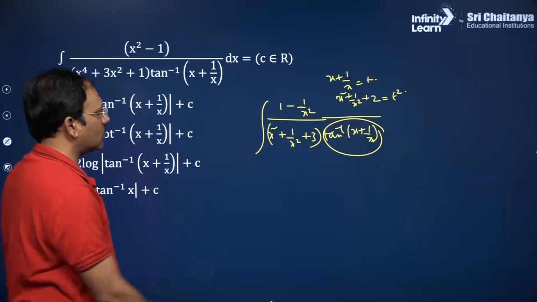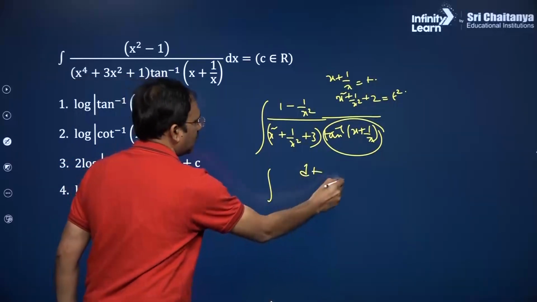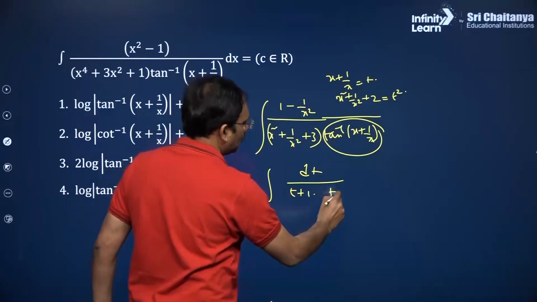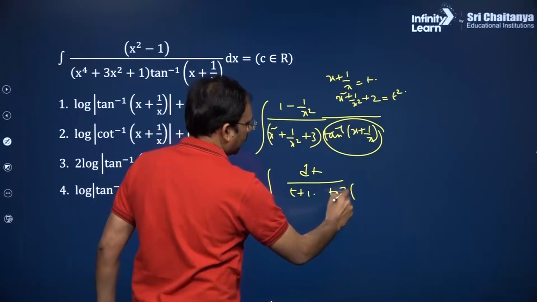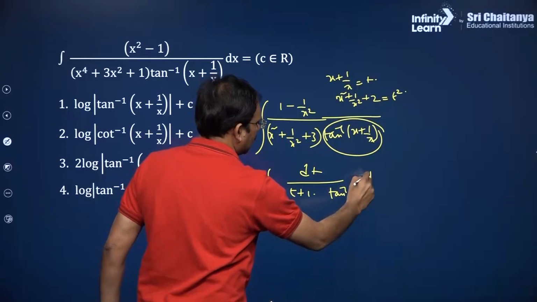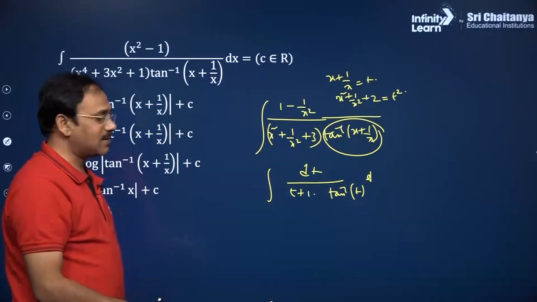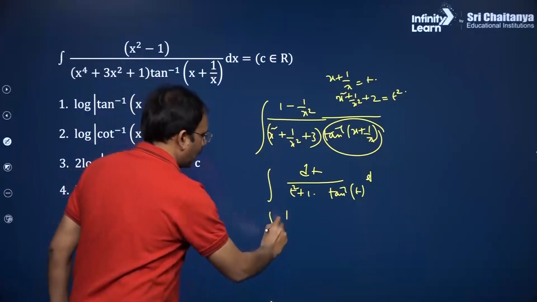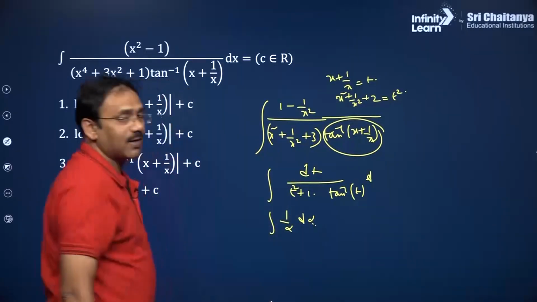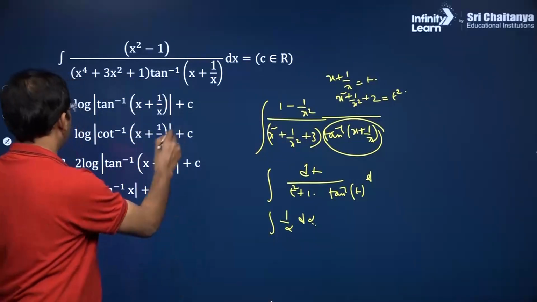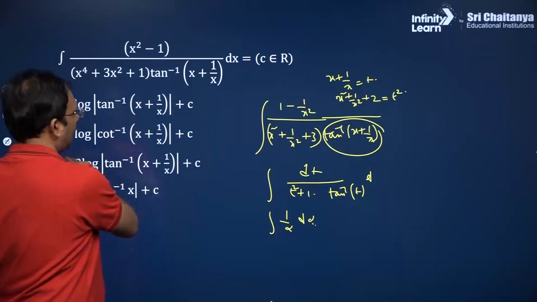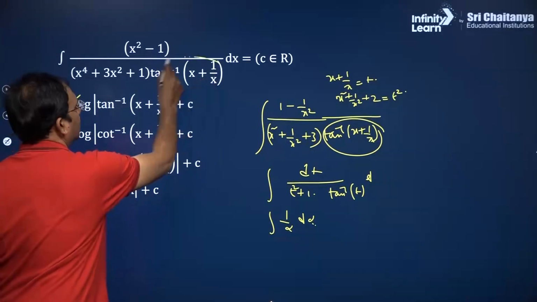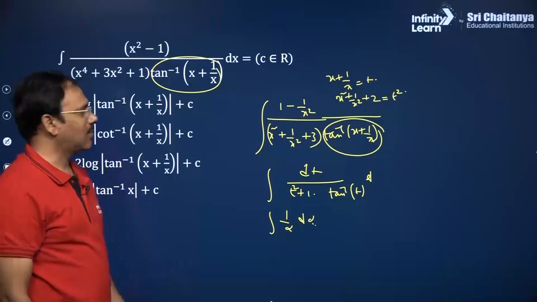So this is t square minus 2 plus 1, which becomes t square plus 1, into tan inverse t. Now again you take tan inverse t as alpha, this will become d alpha. So the integral of 1 by alpha d alpha, you will get log alpha, that is log of tan inverse of x plus 1 by x. Or else you can directly take tan inverse of x plus 1 by x as t, you will get the answer.